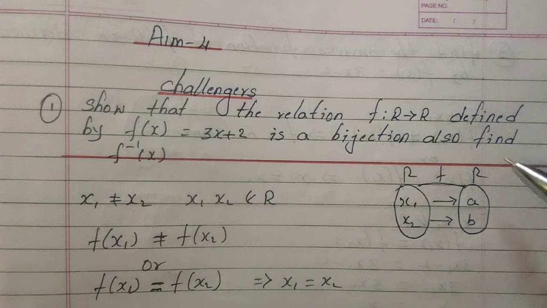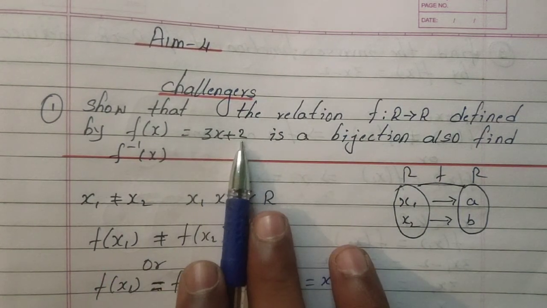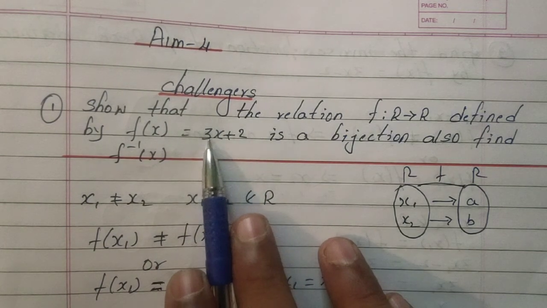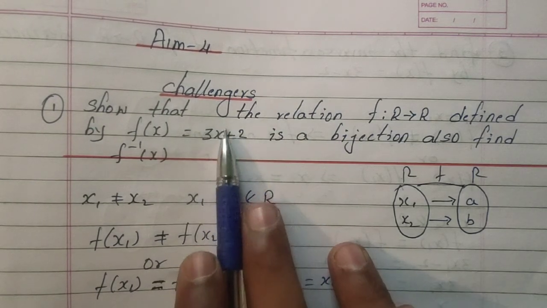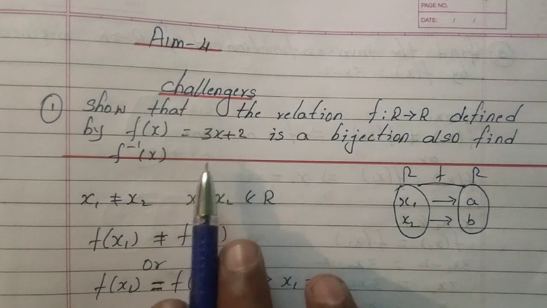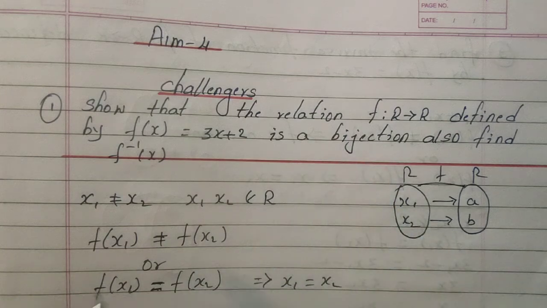Now, how to prove this function 3x plus 2 is one-to-one in general? Remember students, this is a linear equation. X power is 1. Every linear polynomial will be bijective.